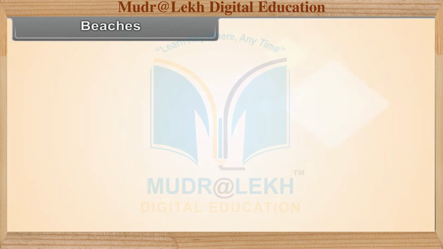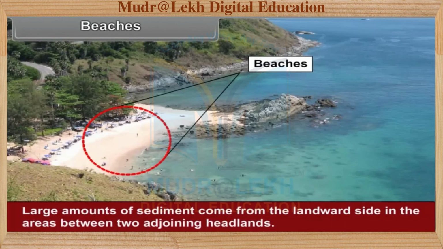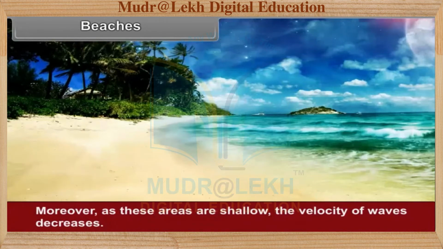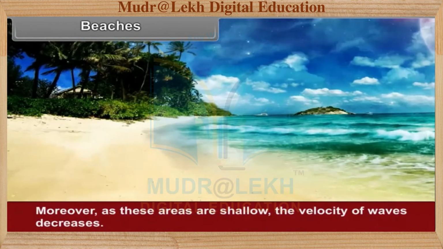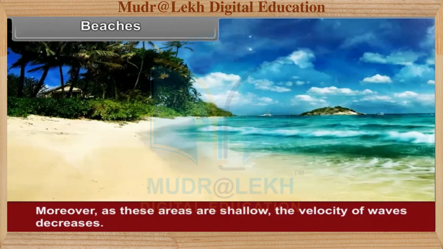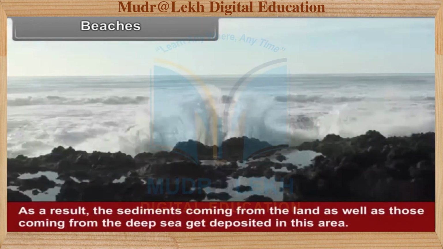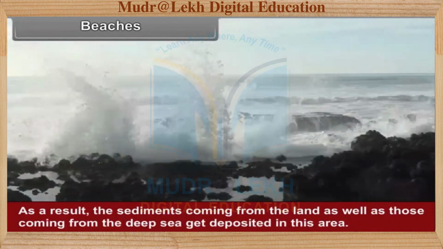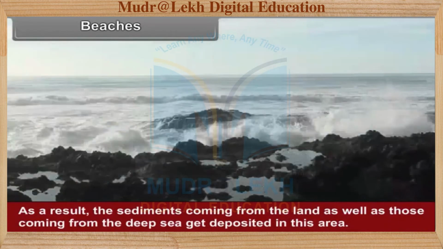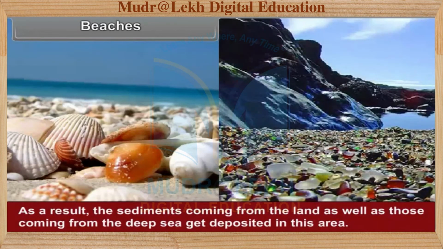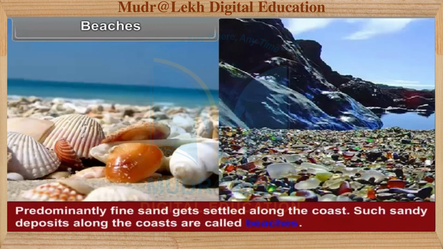Number 1. Beaches. Large amounts of sediment come from the landward side in the areas between two adjacent headlands. Moreover, as these areas are shallow, the velocity of waves decreases. As a result, the sediments coming from the land as well as those coming from the deep sea get deposited in this area.